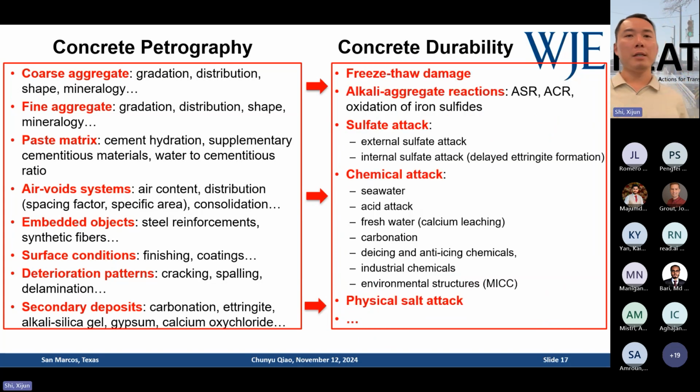And the third major topic or aspect we look at as petrography in the lab is concrete durability problems. So different aspects, as I said, we can look at first, freeze-thaw damage up in the north, not here, but sometimes in north part Texas, you may run into this problem too. And alkali aggregate reaction.